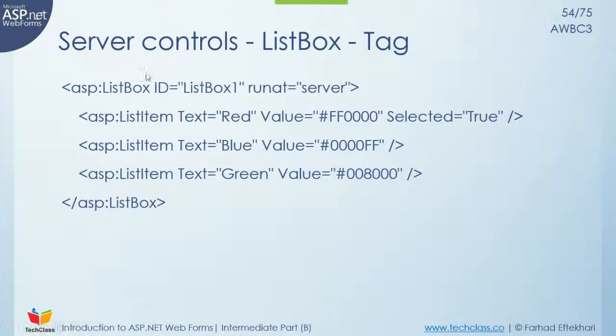And here is the tag that we have to use if we want to place the ListBox control in our web form. So the type is ListBox. We have ID, runat server, and then for each item we have to write this line of code: ListItem, the text, the value, and if you want one or some of them to be selected, then we can set this Selected property to true.